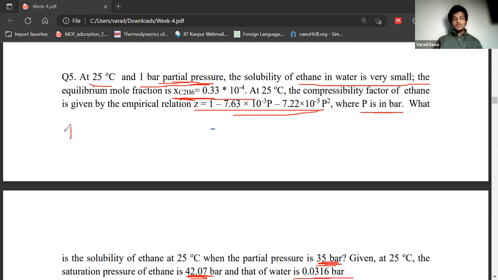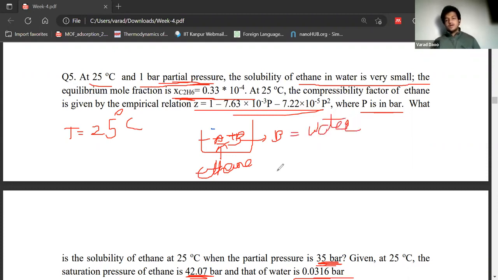So what is to be noted here is that the whole process is being done at 25 degrees centigrade, and we have a container which has A and B, where A is ethane. You can call A as ethane and B as water.